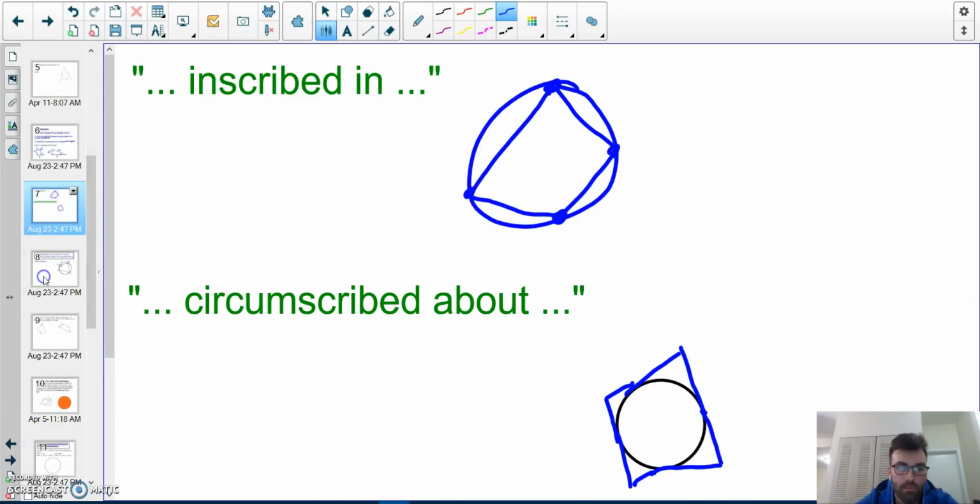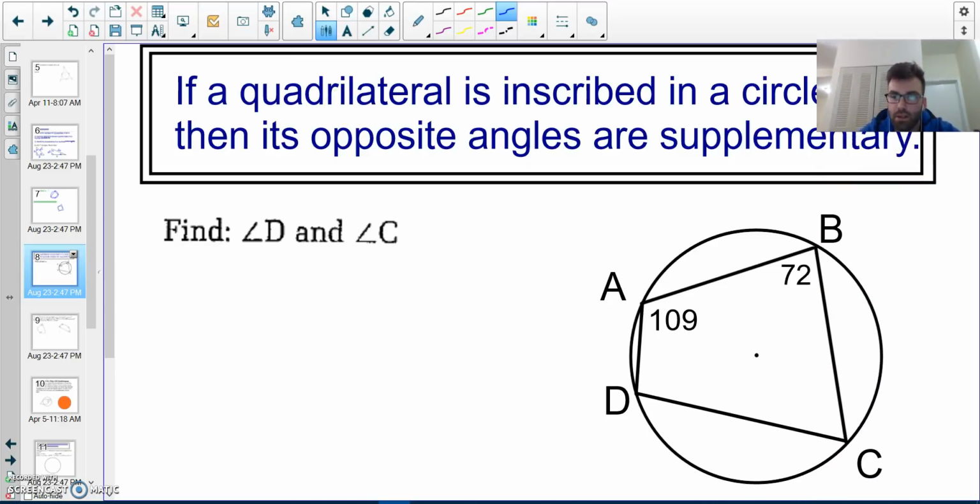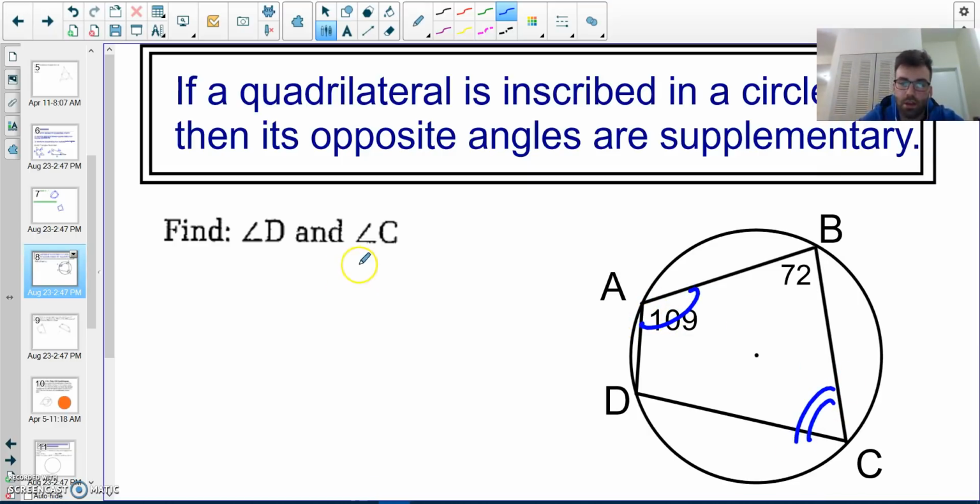Moving on to inscribed: if a quadrilateral is inscribed in a circle, then the opposite angles are going to be supplementary. Well, that's pretty neat. I know that if angle A is 109, then angle C has to be 180 minus 109.